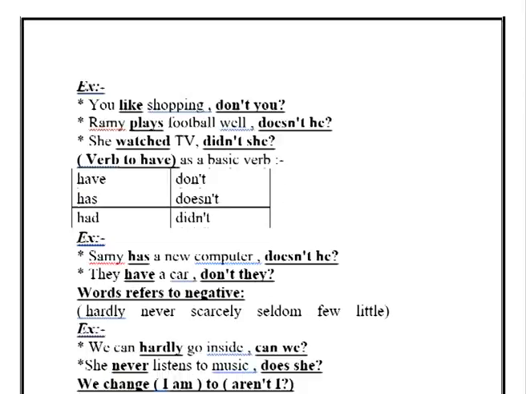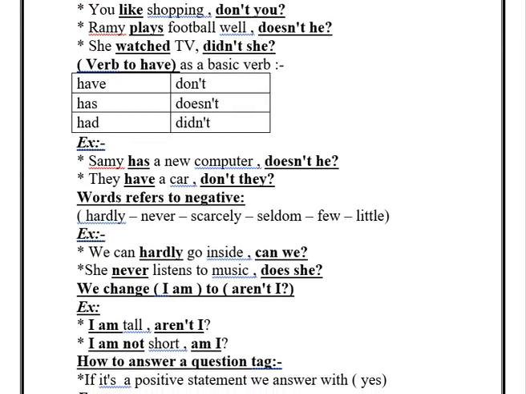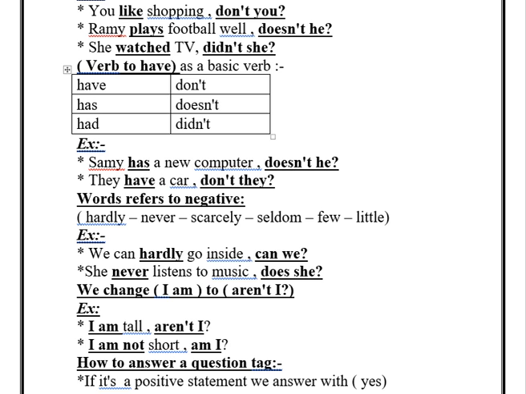The verb to have, if it is a basic verb, we change have to don't, has to doesn't, and had to didn't.